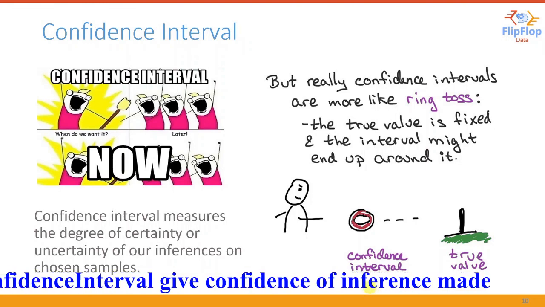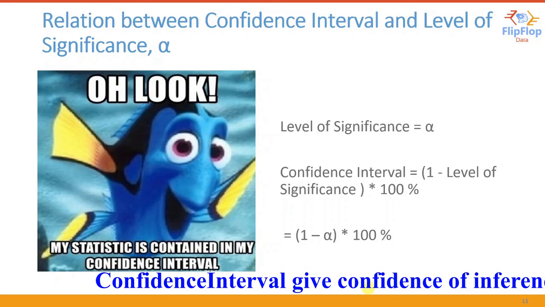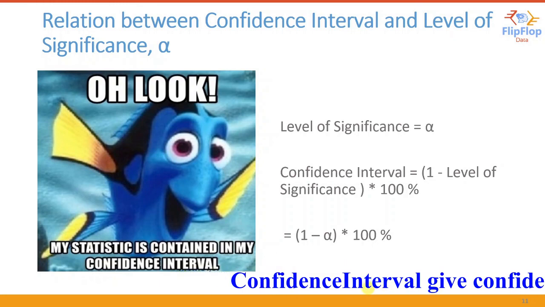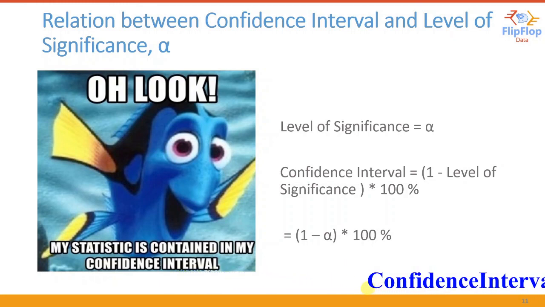So how do we denote this? We have level of significance as alpha. Confidence interval becomes 1 minus level of significance multiplied by 100, which gives (1 minus alpha) multiplied by 100. This is the way we find out confidence interval.